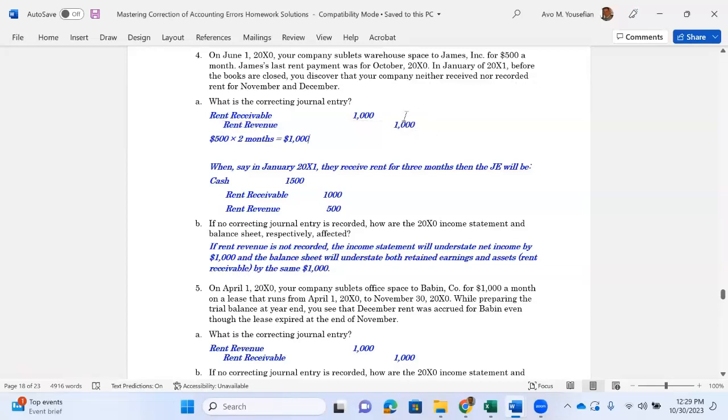And if revenue is understated, that means net income will be understated. And if net income is understated in the income statement, then eventually in the balance sheet, retained earnings will be understated. Make sense?